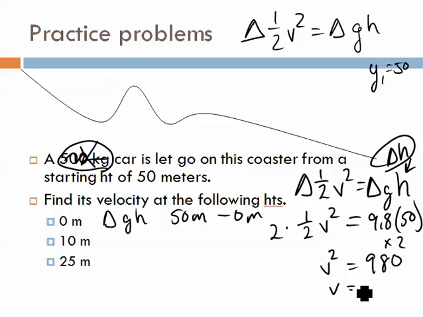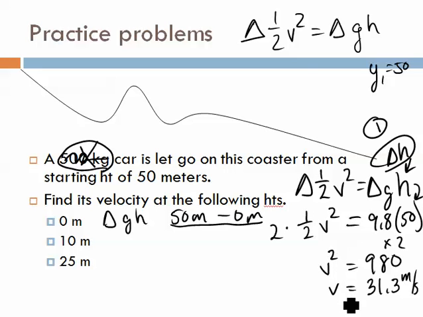Well, if we square root both sides, we get an answer of 31.3 meters per second it would be going at the bottom of the hill. So what we did, again, is the first thing we did is we said, find the change in height, and we said that was going to be from 50 to 0. So we put 50 in here for height. And then it's just a matter of solving for v.